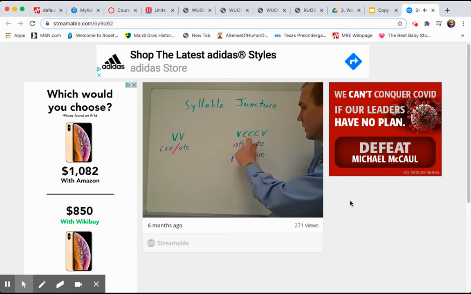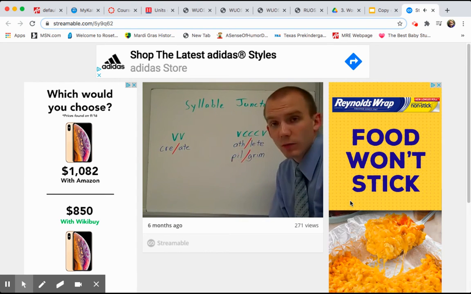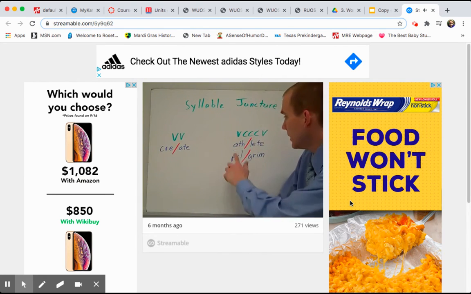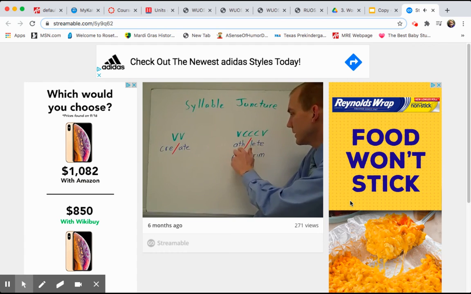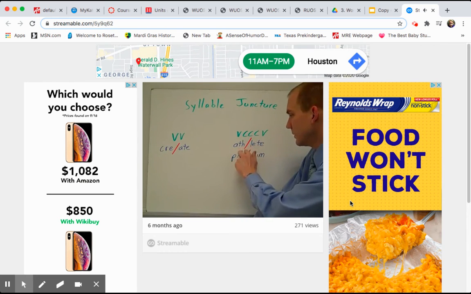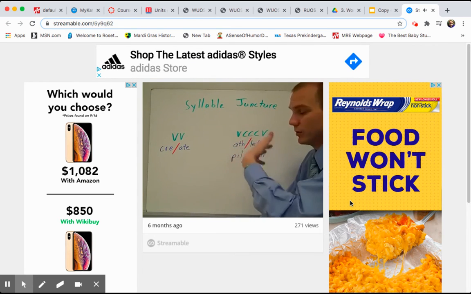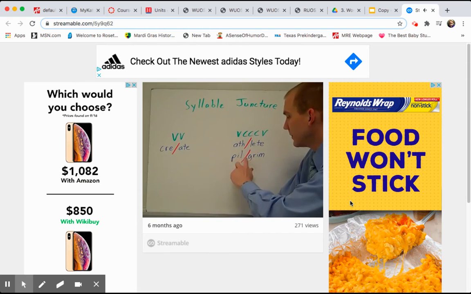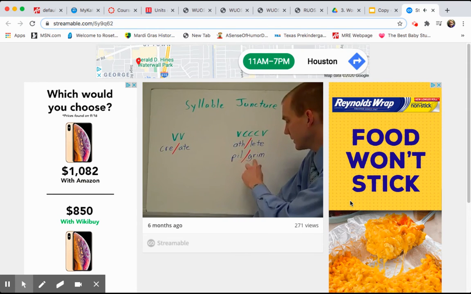You can either break after the first consonant or after the second. Usually you're looking at a consonant blend or digraph here, like athlete, and it breaks between the H and the L. Or the other way is you have pilgrim, and here you have the L first and then a GR after.